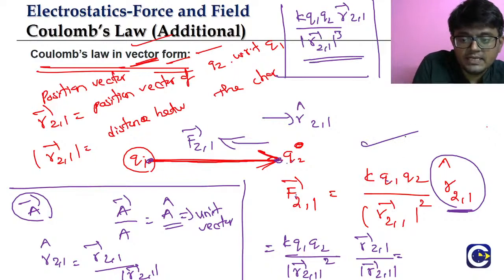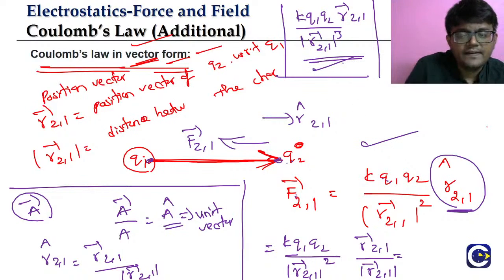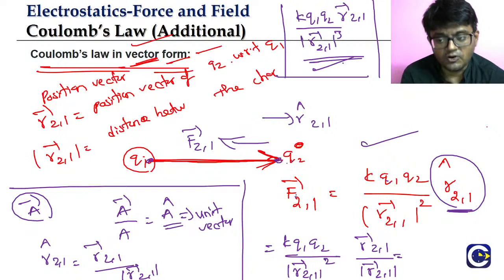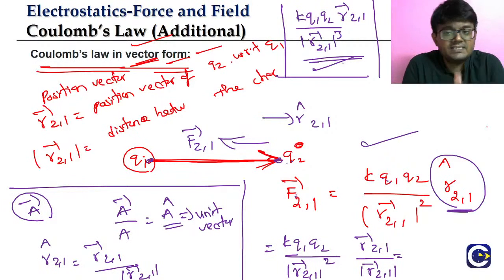Either of these tells us Coulomb's law in the vector form. Okay? We have to remember this result.